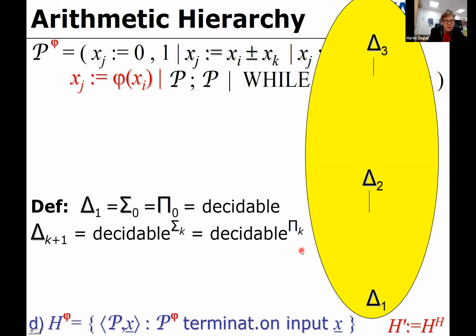So we have this hierarchy, and this hierarchy can be shown to be actually strict. Unlike in P versus NP, where we have a similar hierarchy but we cannot prove that it is strict, here the hierarchy is provably strict. Namely, that's basically shown by readapting our proof that the halting problem is undecidable.